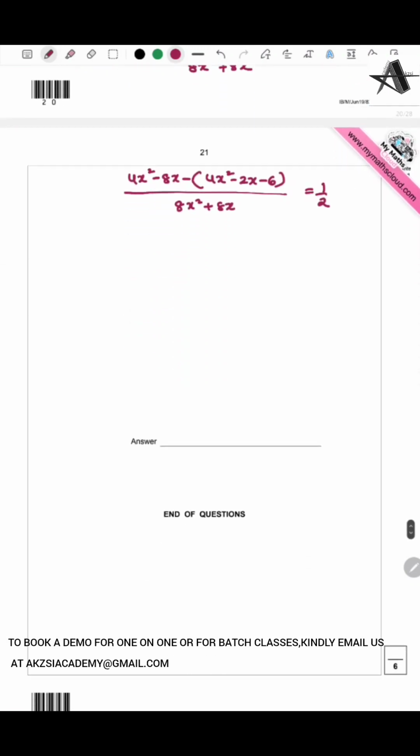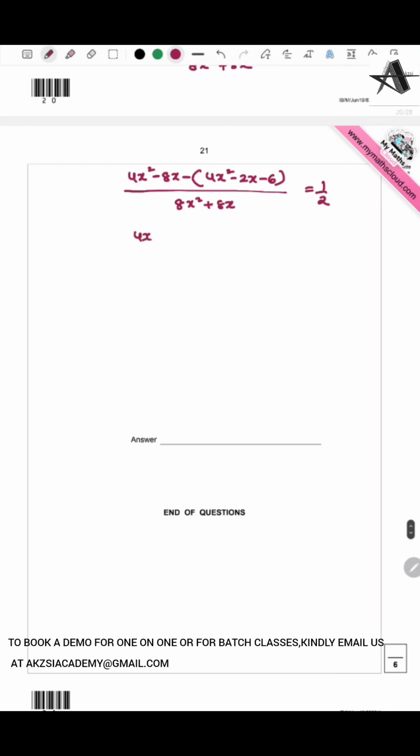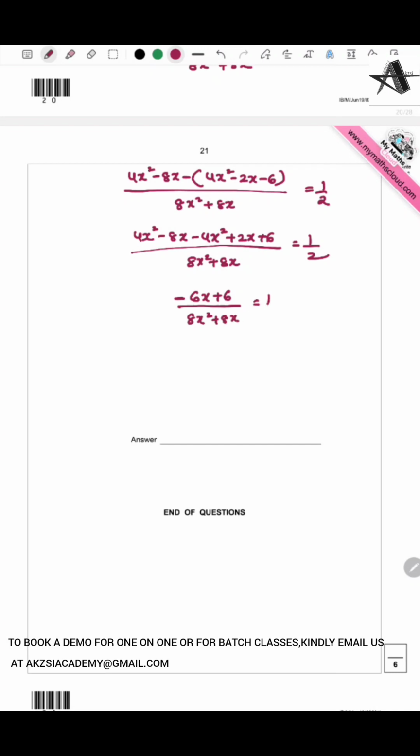Let me simplify it. 4x squared minus 8x minus 4x squared plus 2x plus 6 over 8x squared plus 8x equals half. So 4x squared minus 4x squared is 0. Minus 8x plus 2x gives you minus 6x plus 6 over 8x squared plus 8x, equal to half.